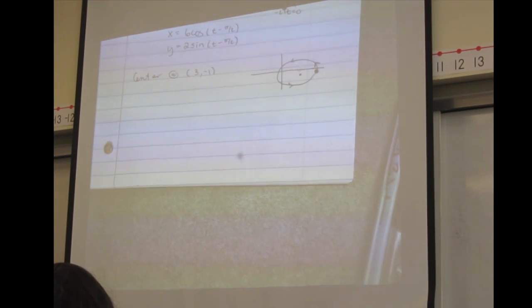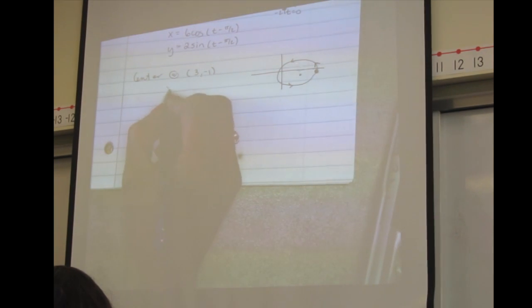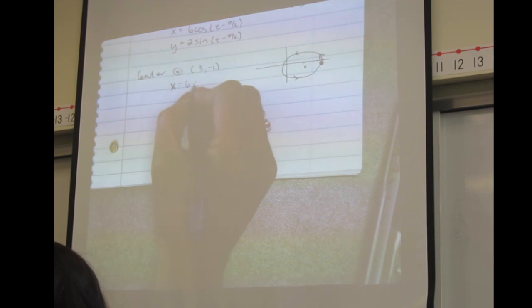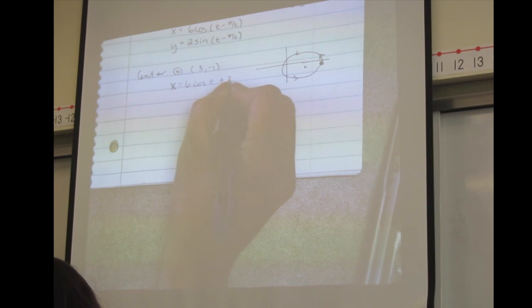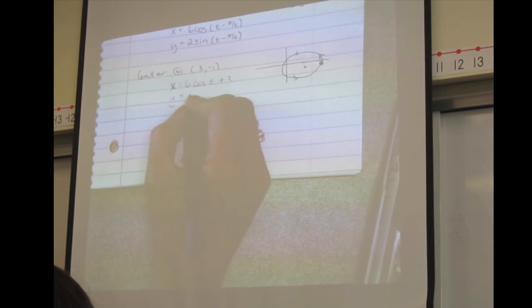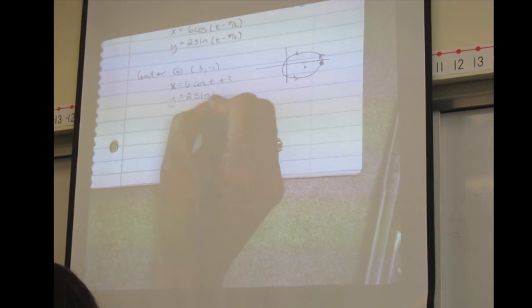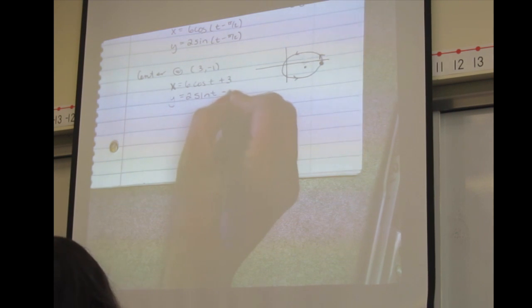Okay, do we get it? So this is x equals 6 cosine t plus 3, and then y equal to 2 sine t minus 1.